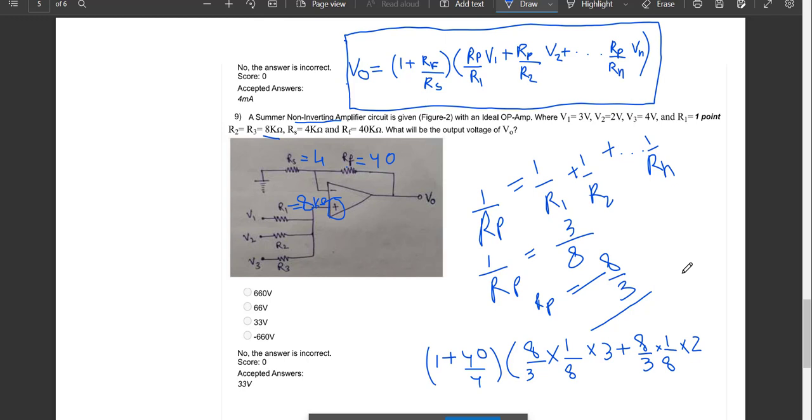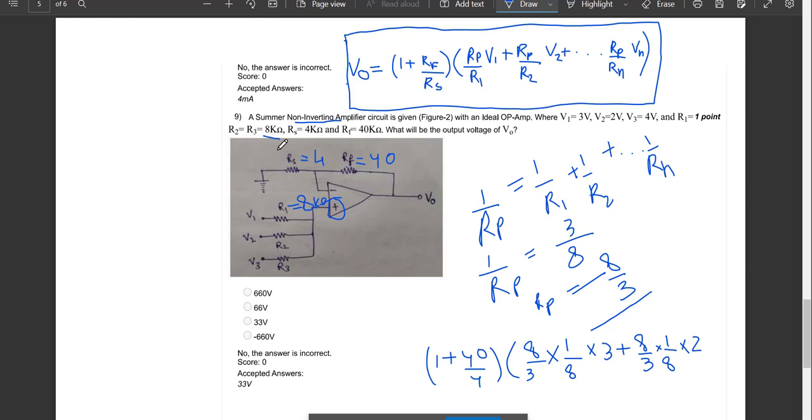Generally in GATE or other competitive exams, they will directly give you this kind of circuit. They won't even give you the figure, they will just say it is a summer non-inverting amplifier circuit, and you have to solve.